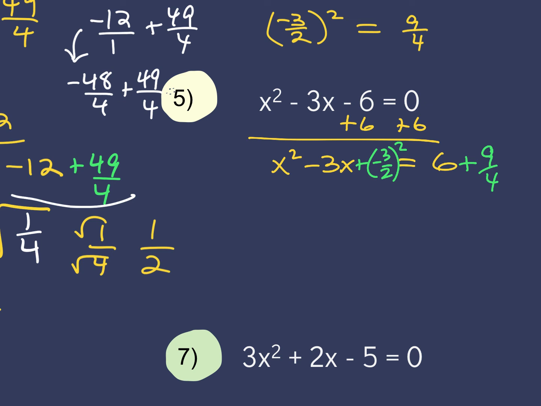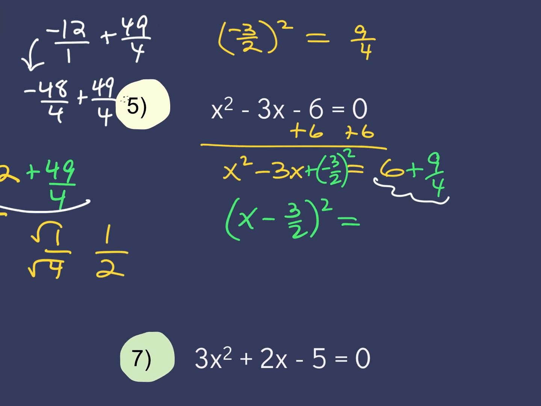So now when I go to set up my binomial, it's just x minus 3/2 squared. Again, I got to do the math on this one. So I'm going to take my whole number 6, put a 1 under it. Common denominator is 4. I'm going to change this into 24 over 4.